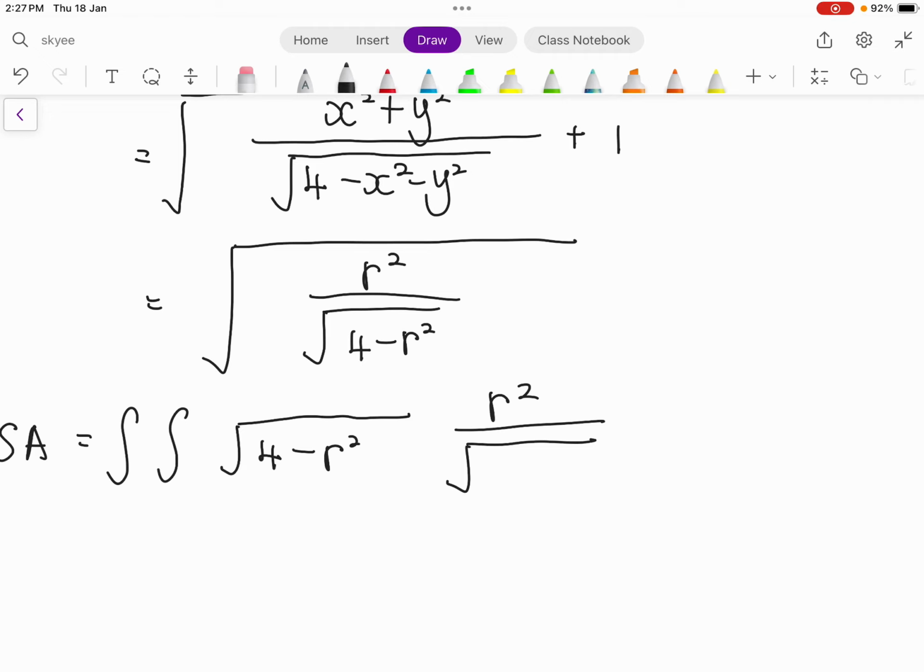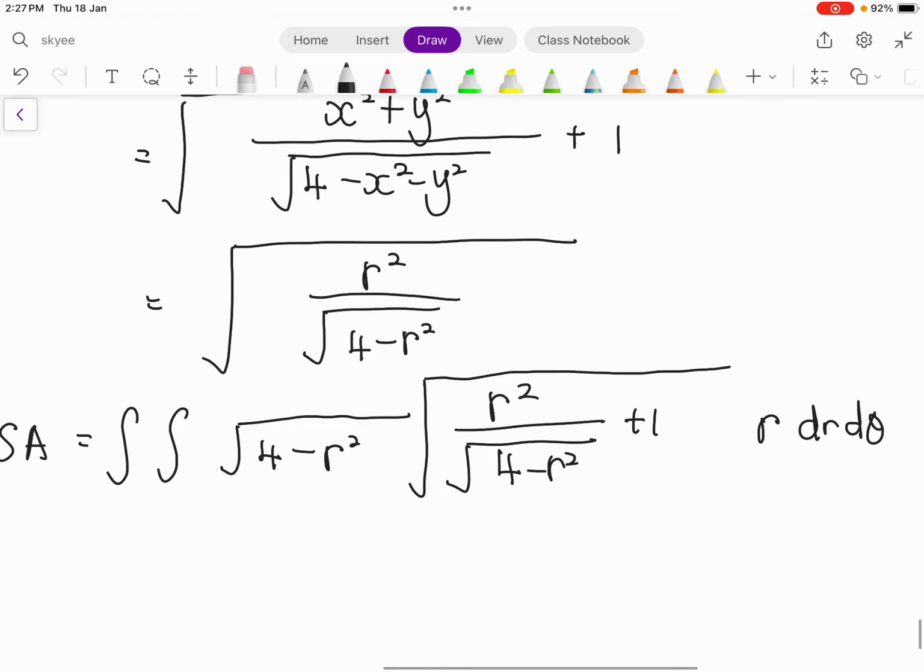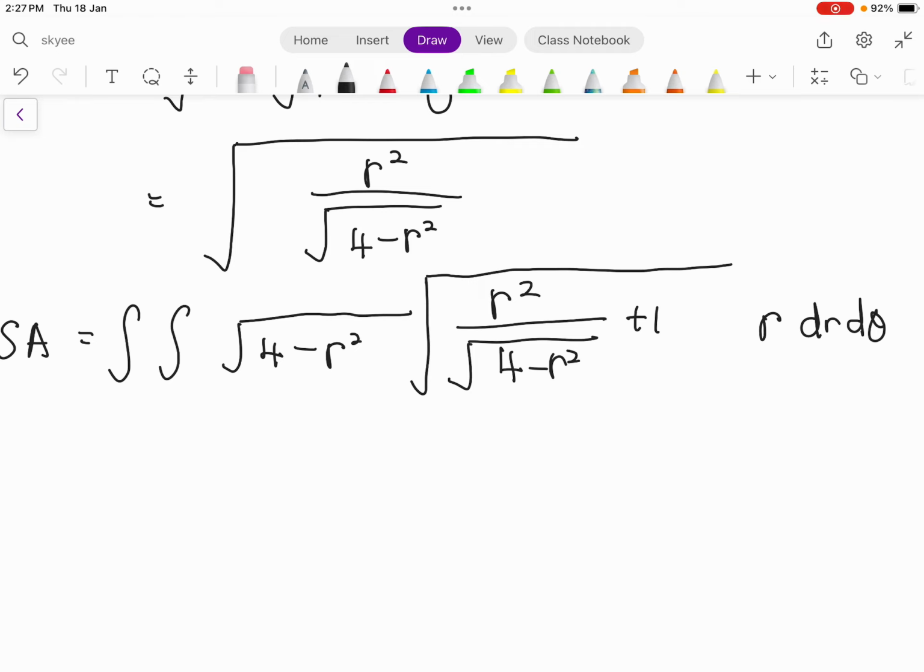Hold on, let me think about how to simplify it. So you get r dr d theta. Never mind, let's continue and see how.